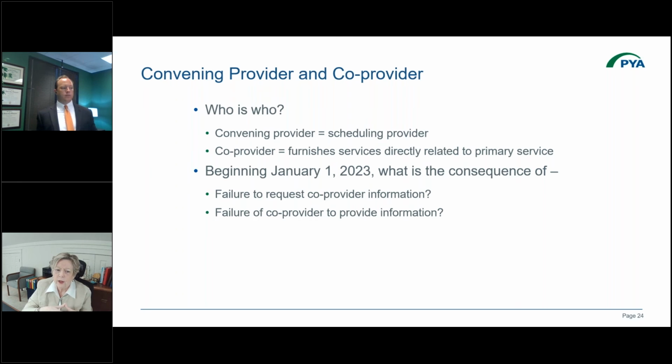But also, beginning in January 2023, you're going to have to provide information related to any co-providers. So if I'm the hospital and I'm scheduling services, right now I'm giving you a detailed good faith estimate of what my charges are going to be. In January, I am going to have to turn around and ask the physician for their information as well.